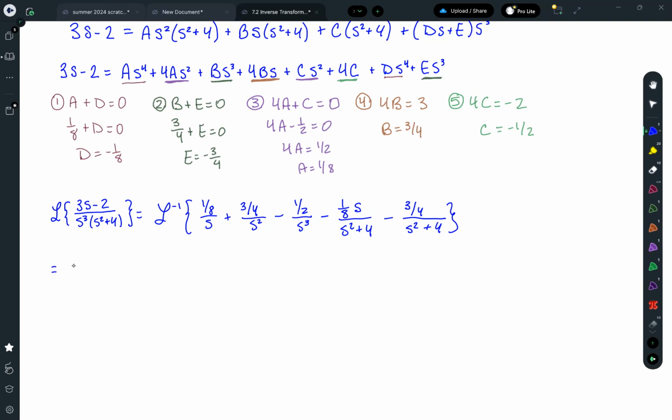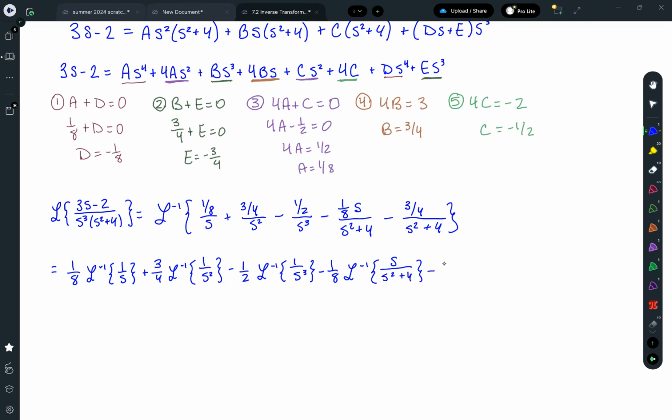So this is equal to 1/8 Laplace inverse of 1 over s, plus 3/4 Laplace inverse of 1 over s squared, minus 1/2 Laplace inverse of 1 over s cubed, minus 1/8 Laplace inverse of s over s squared plus 4, minus 3/4 Laplace inverse of 1 over s squared plus 4.